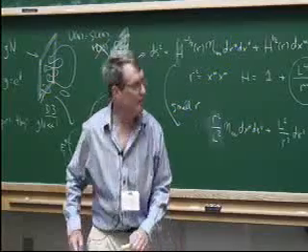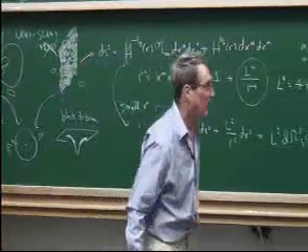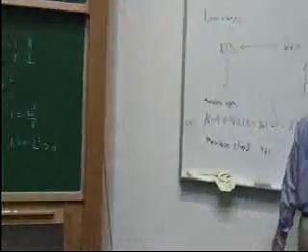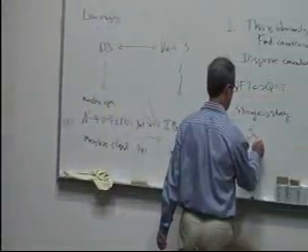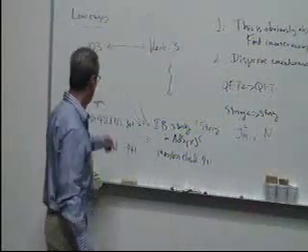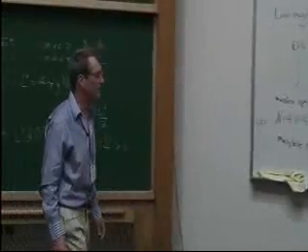Okay, counting parameters. On the gauge theory side, we have the Yang-Mills coupling and we have N, the size of the matrices.